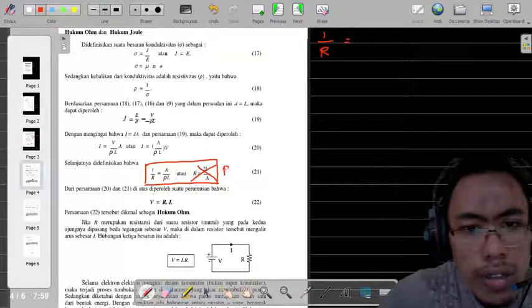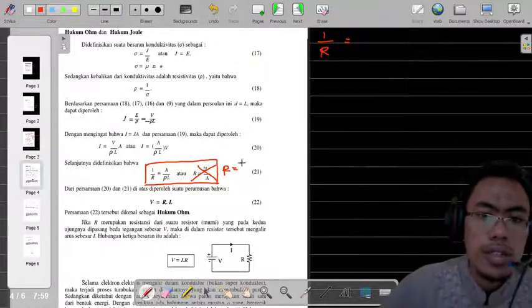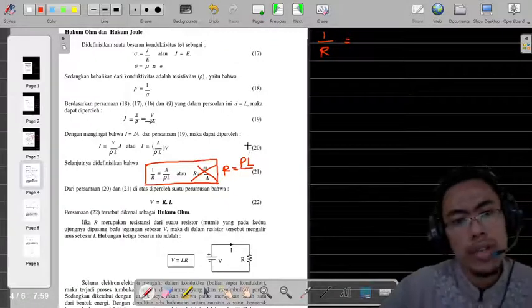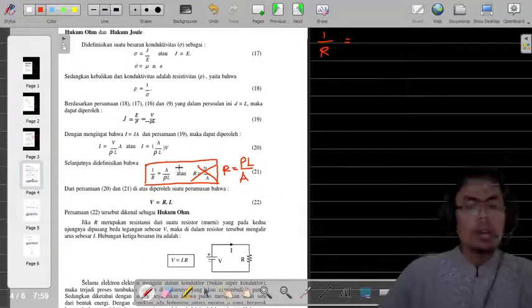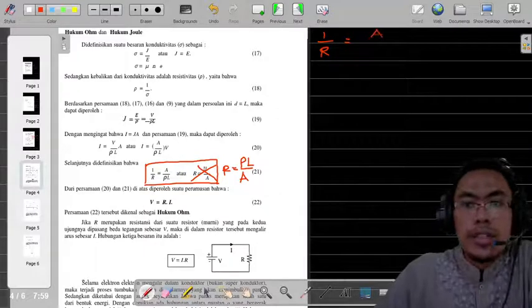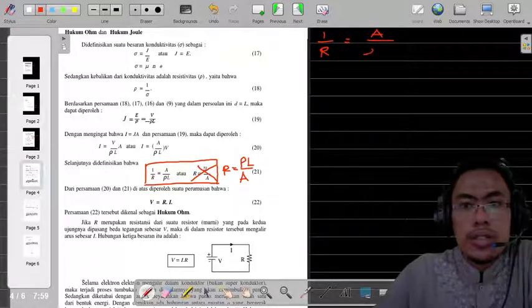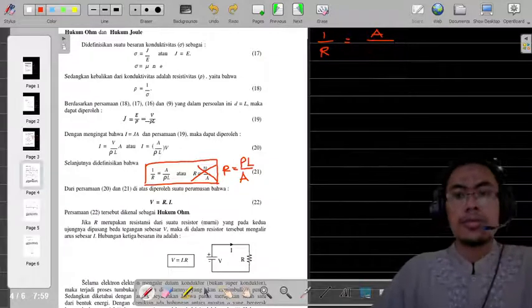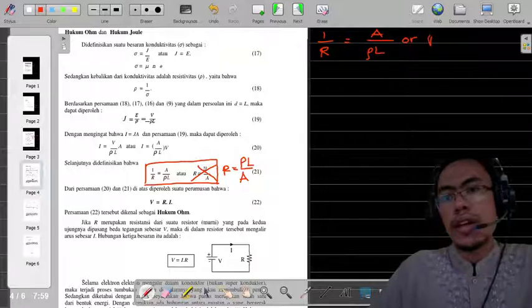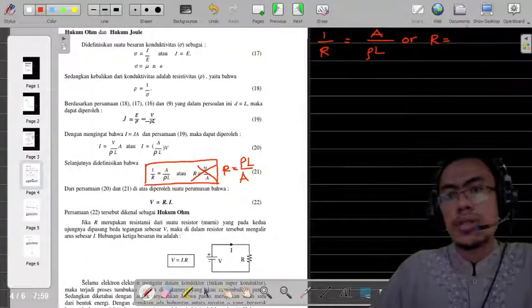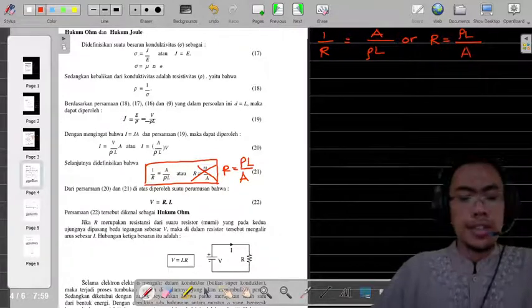R, I mean rho L per A. So 1 per R equals to A divided by rho L, or R equals to rho L divided by A.